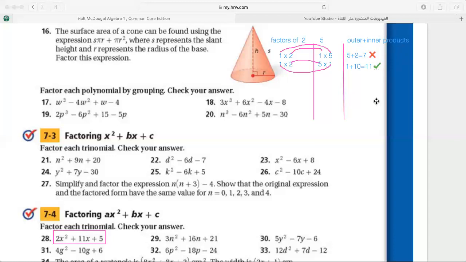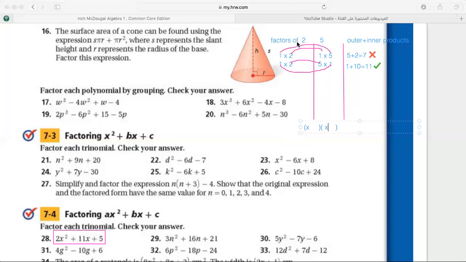How will I use it? Here I have x and here I have x, right?